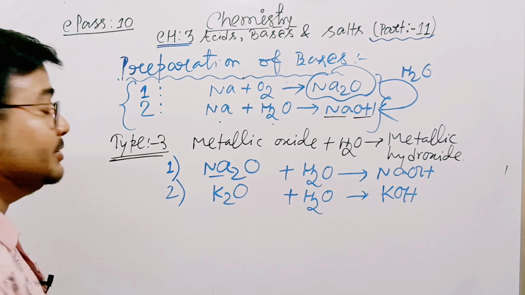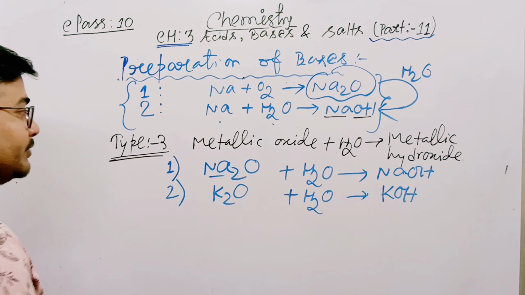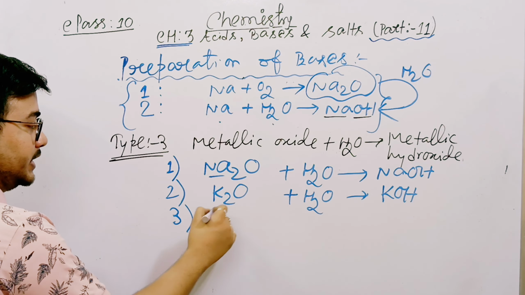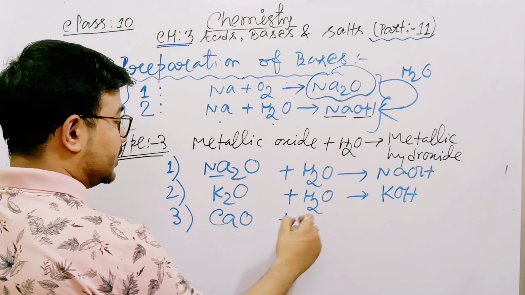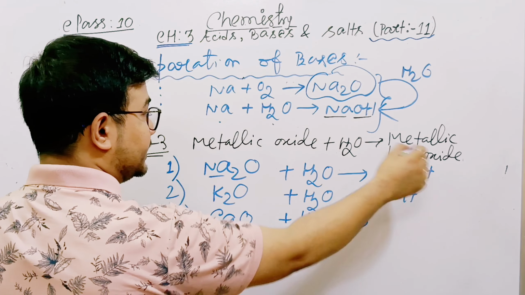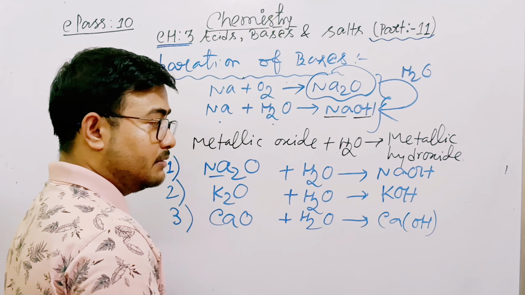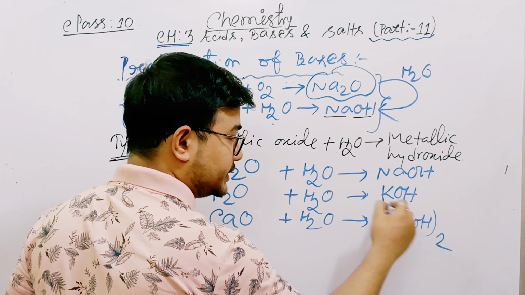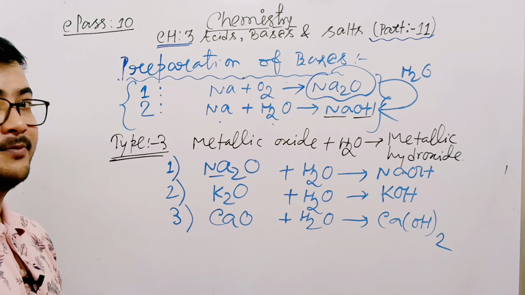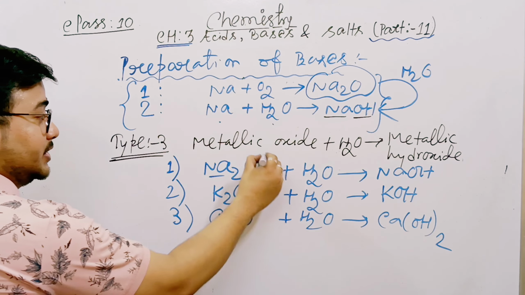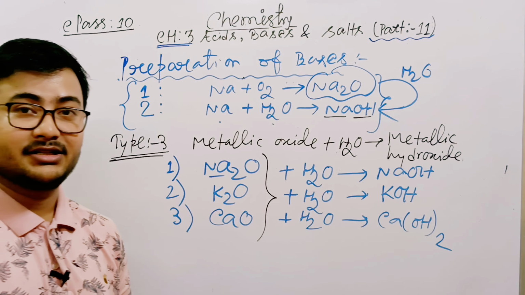Can you tell me another example? Pause the video and try to write down the third example. Any metallic oxide, calcium oxide and water, what will it produce? Metallic hydroxide. The metal is calcium, hydroxide means OH. But calcium is 2 plus, so crisscross, 2 comes here. Done. You have to read in this way. Here you cannot choose any metallic oxide.